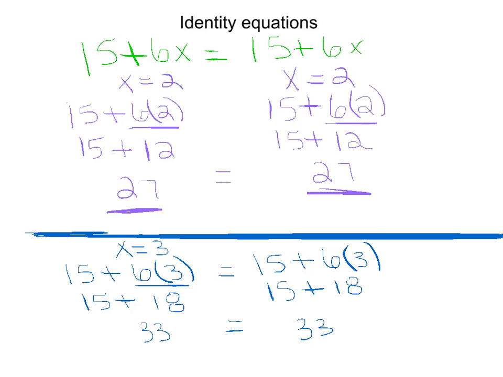You can see that this is still an identity equation. The left side equals the right side. We do come up with different answers if you use a different variable, but it's still an identity equation. Sometimes with identity equations, it's hard to see that both sides, the left and right side, equal each other.